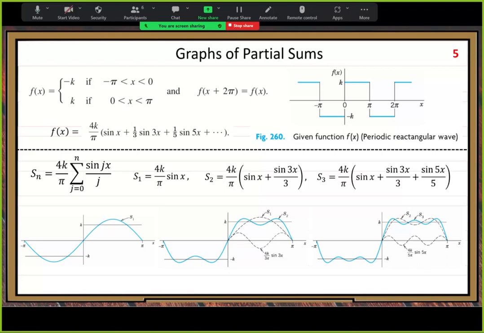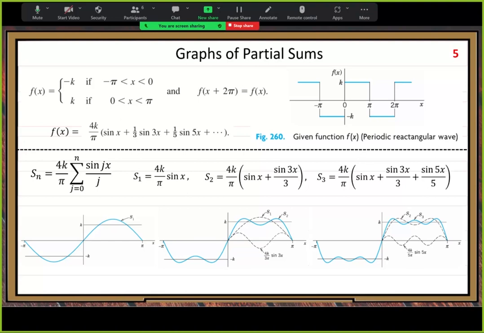Think about it: if we do the partial sum and take more and more terms, the approximation should get better and better. Finally, at the end, we have confidence that the limit approaches this destination function.